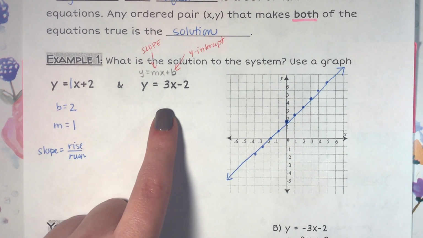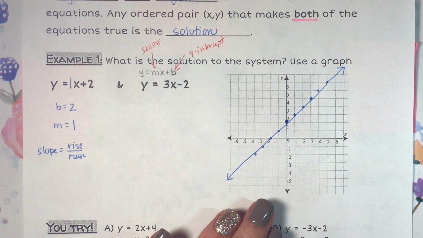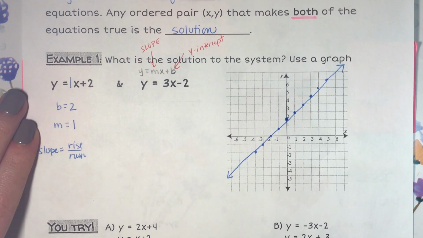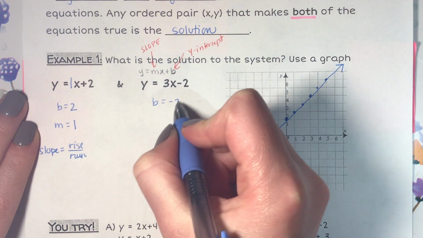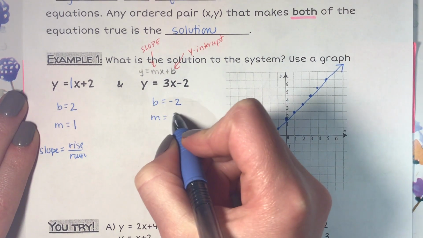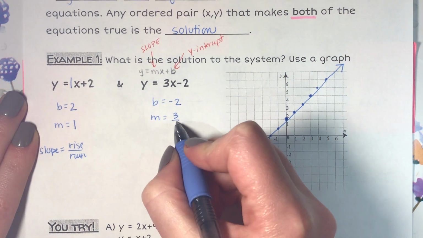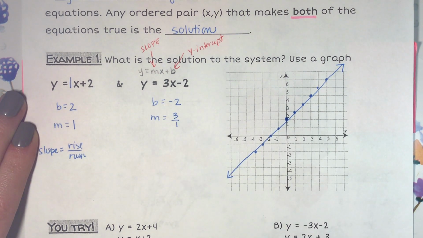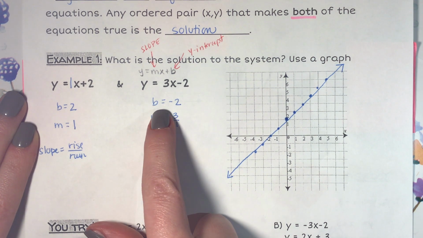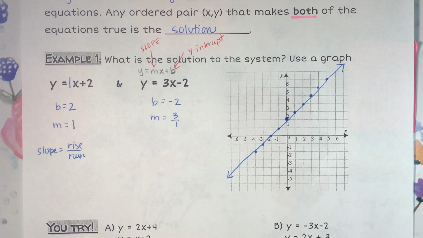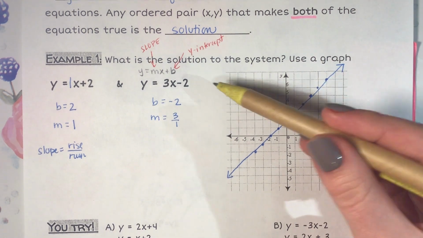Now I'm going to graph my second equation on the same graph using the same strategy. So what is the b? The b is negative 2, and m is equal to 3. If you need to put it as 3 over 1 so you can see that, that's okay. So first, graph your y-intercept, and I'll use a different color just so you can see that it's a different equation.